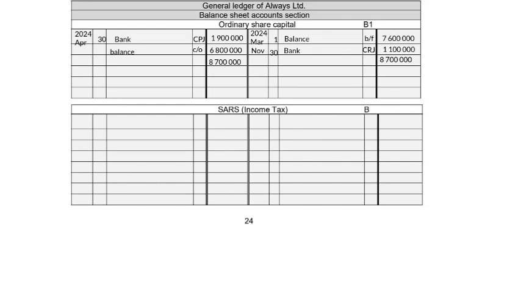Then also on the credit side, March the 1st, balance brought forward, 6.8 million.